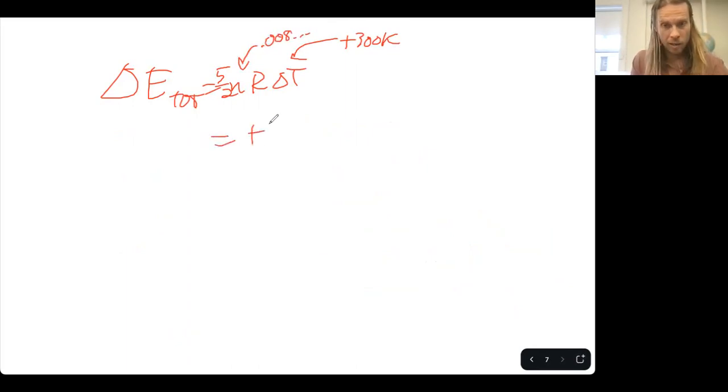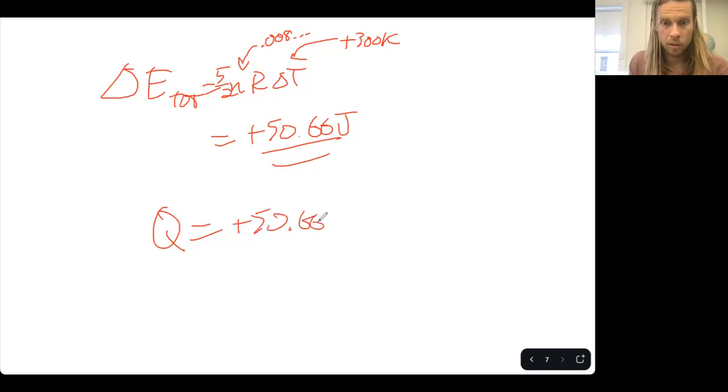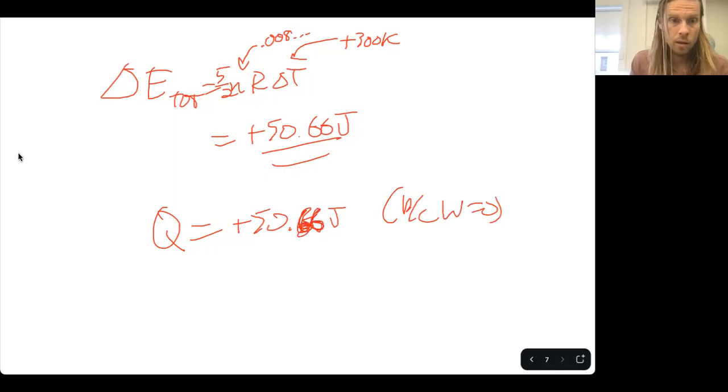And we had positive 50.66 joules. This was from the homework, by the way. So that means Q equals positive 50.66 joules because work is 0. So this one's easy. Isochoric is so easy, where the heat is the energy. So in an isochoric process, there is no work done, so the only energy exchange is from heat conduction. That's it.